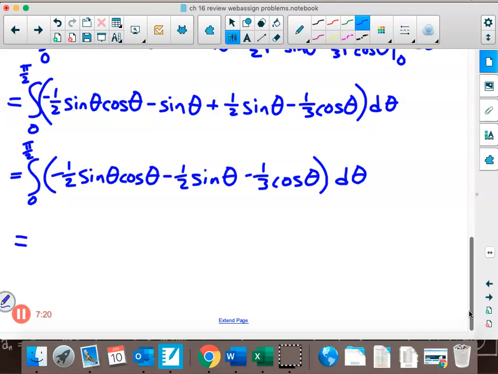If you think about it, the sine is like your u and the cosine is like your du. So this is really just kind of like the integral of u du. So this would be 1/2 u squared. So you get negative 1/4 sine squared plus 1/2 cosine minus 1/3 sine.